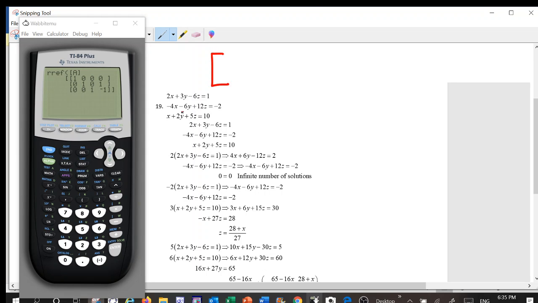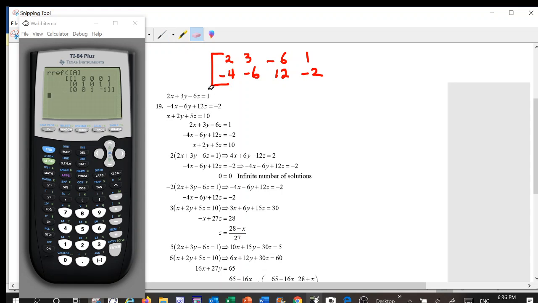So make sure these are in order, right? They are. So we're going to put 2, 3, negative 6, 1, and then negative 4, negative 6, 12, and negative 2.